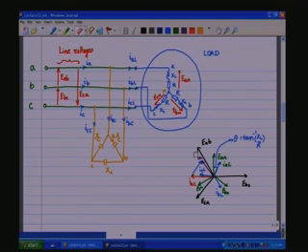So, this improves the power factor as far as your line side or the generator side or the source side is concerned. This is an important industrial application which is normally practiced.